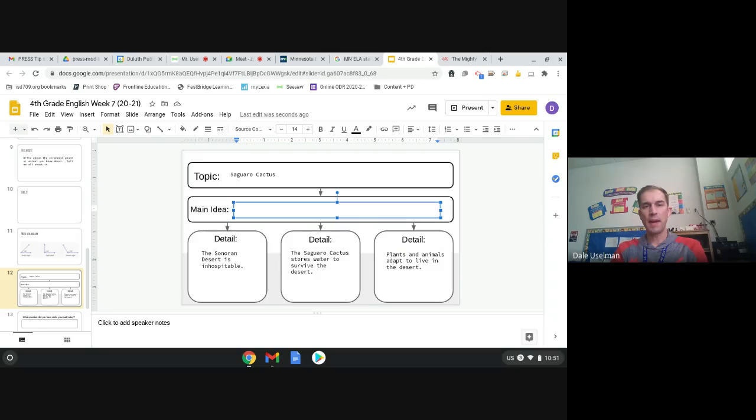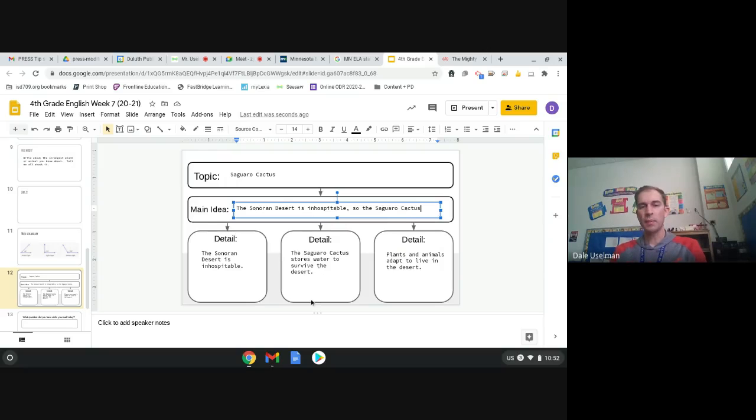So I would start mine off with the Sonoran Desert is inhospitable. So we've covered this one. So let's do comma. So the saguaro cactus. So here we made sure that we included the word saguaro cactus, the topic.